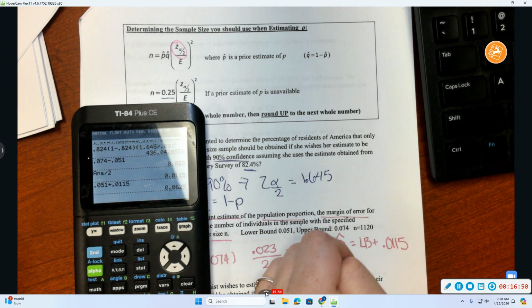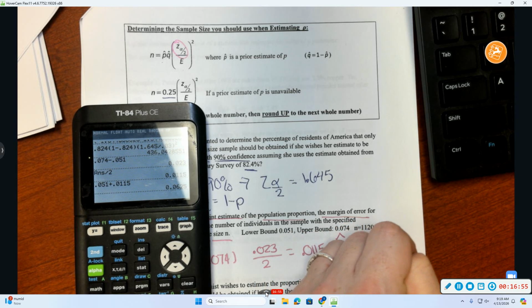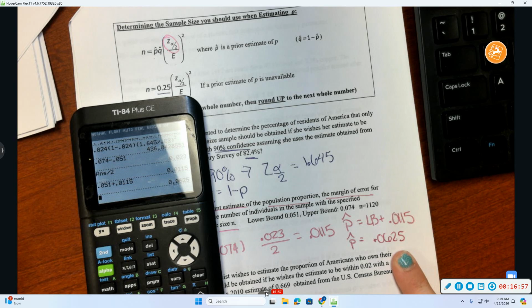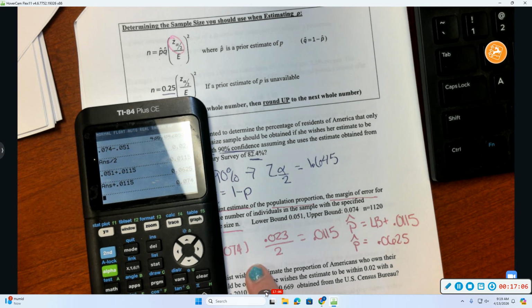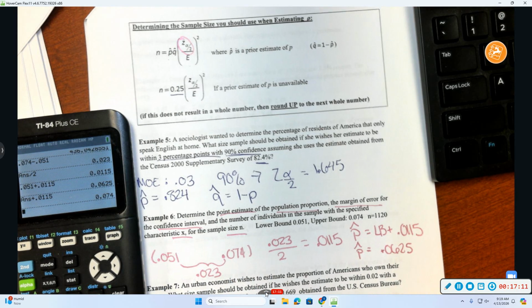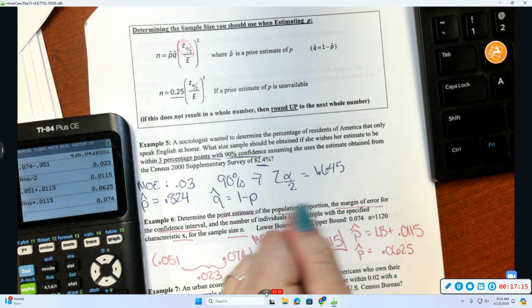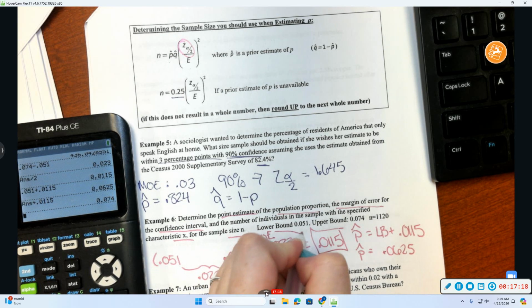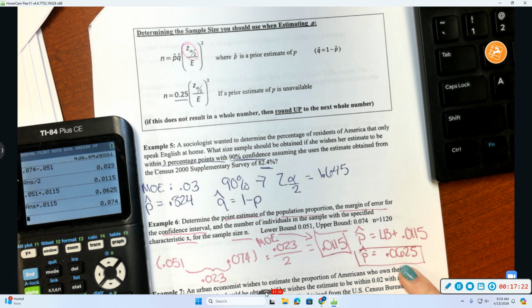I think that's my p hat, but I'm going to double check it by adding 0.0115 again to make sure I got the end of the confidence interval, which I did. So this here is my margin of error. My 0.0115 is your margin of error. Your p hat is 0.0625.